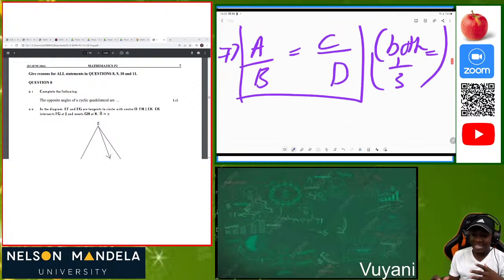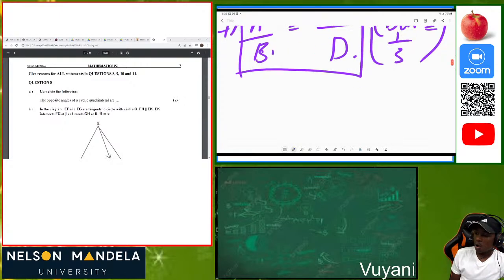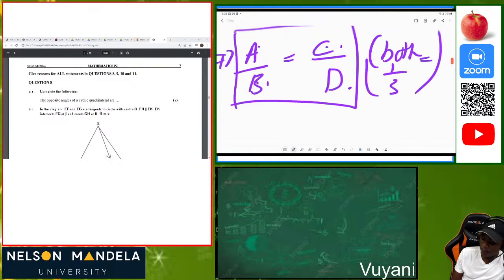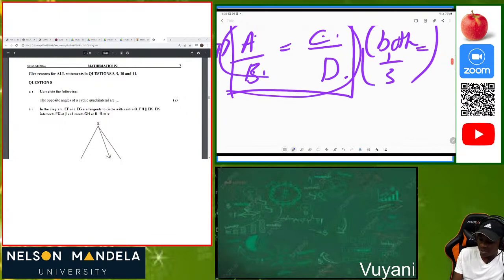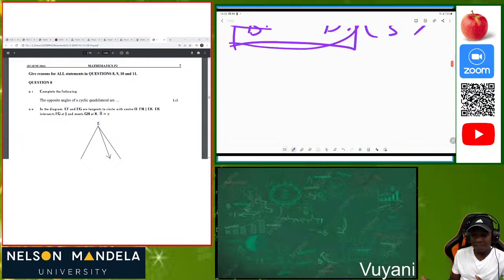So now we can write A, B, C, and D in different ways so that they are in proportion. This is illustrated as a proportion, and we can write it in different ways.